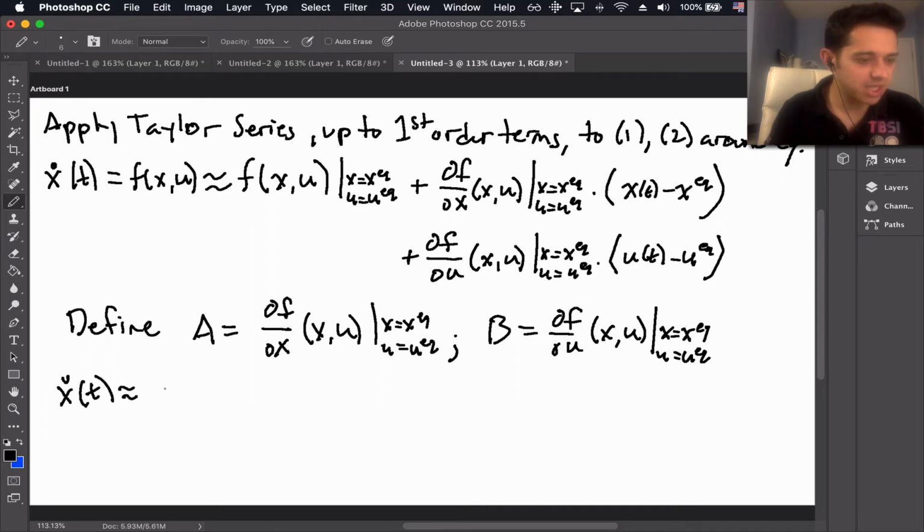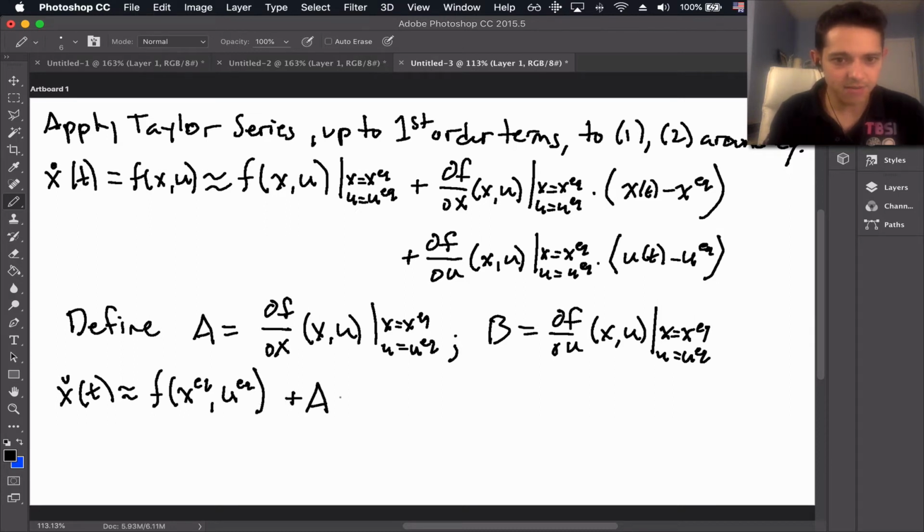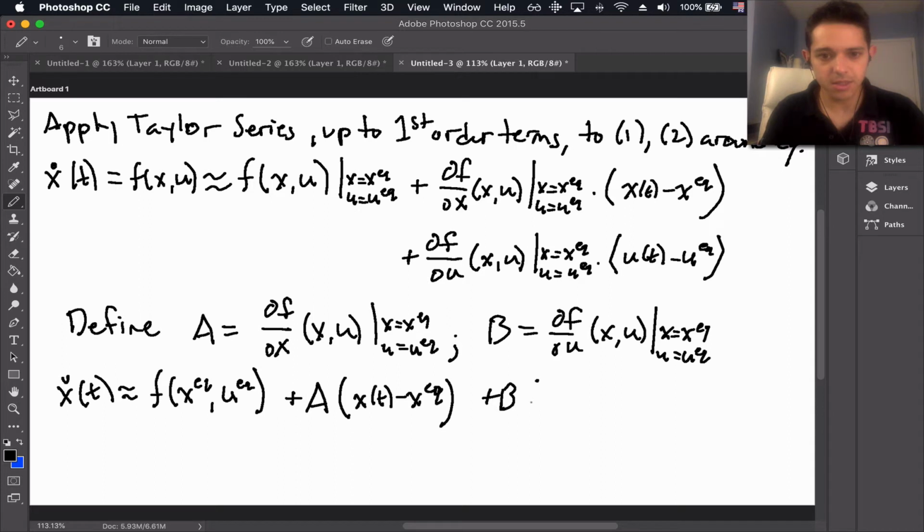All right, now with that definition, I can rewrite my approximation here, x dot of t, to be approximately equal to first we have the 0th order term, so I'm just going to plug in my values of x and u at the equilibrium values, and then we have A times x minus xeq, okay, and then B times u minus ueq.